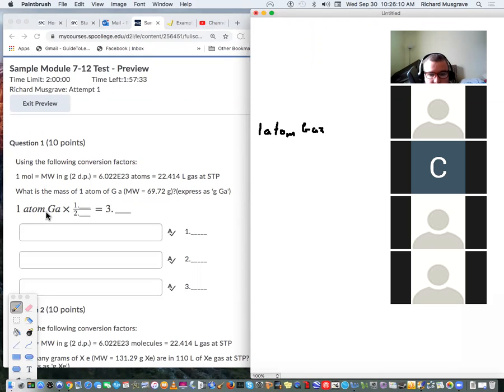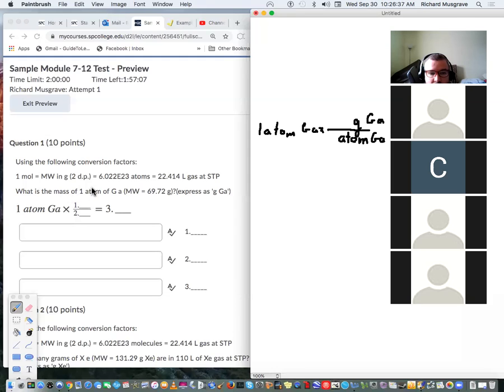And you can see that of course it's written here for us. And we know that in order to make this work, this is going to have to be atoms of Ga on the bottom, or atom Ga, or atoms, it doesn't really matter. And then on top, we need grams of Ga.